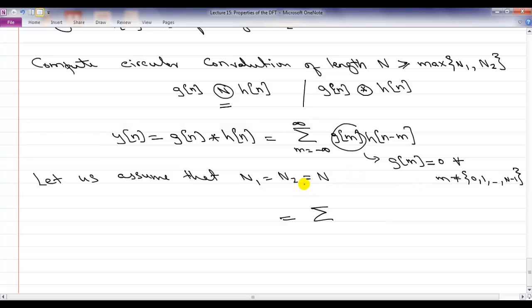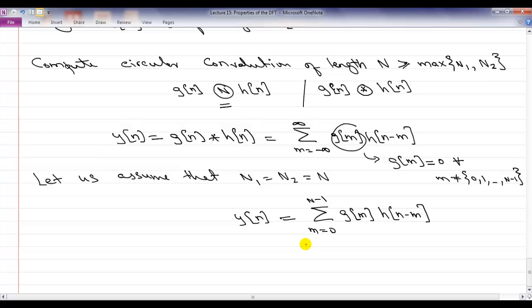So if my g is a finite length sequence, there is no point of having the summation go from minus infinity to infinity. I can simply say m goes from 0 to N minus 1, g[m] h[n minus m]. And this is y[n].